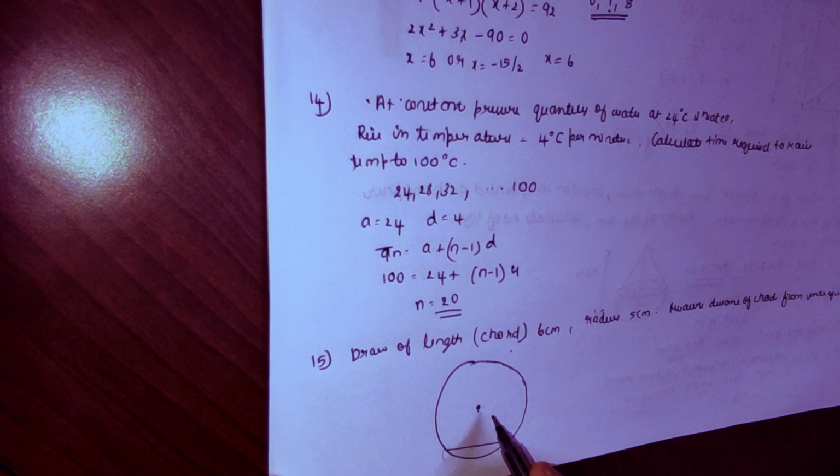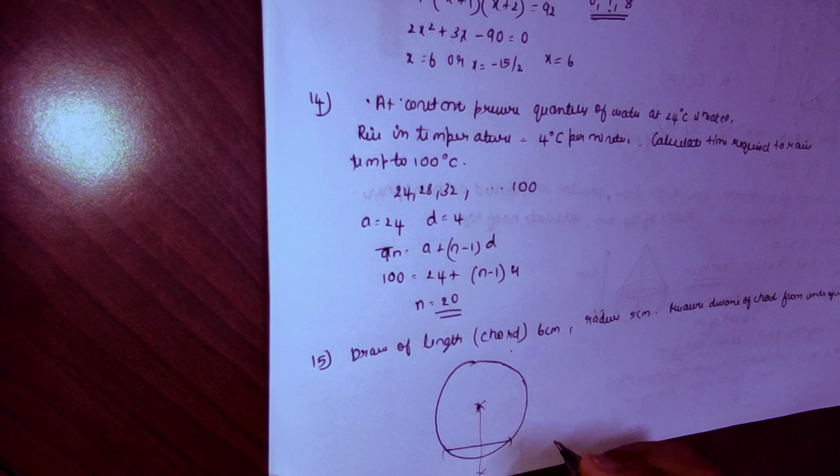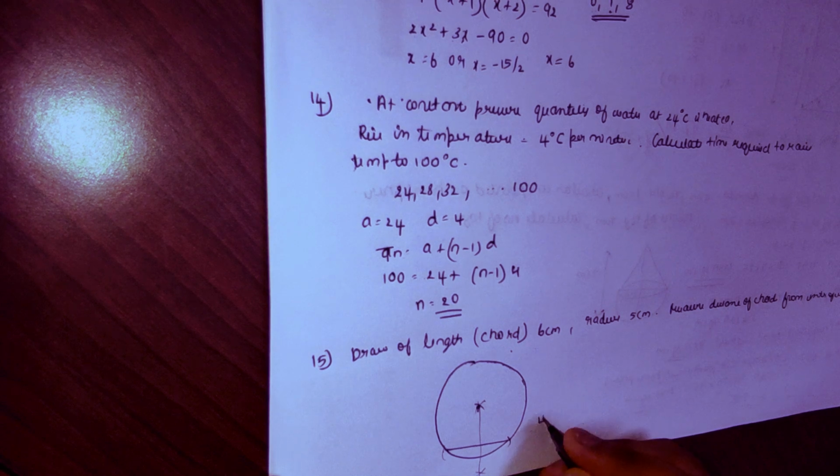Then from this arc cut the circle here, and from this arc cut the circle here, and down both the ways you have to cut. Then draw a straight line here. The chord length and radius are given. So when you draw it properly, you'll get the distance of the chord from the center O, that is 4 centimeter.